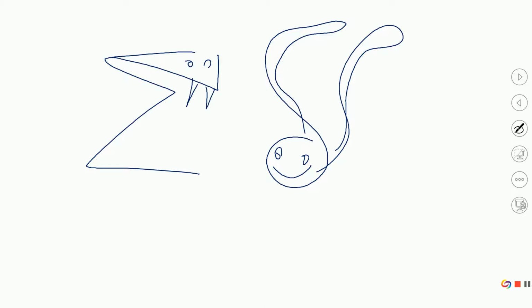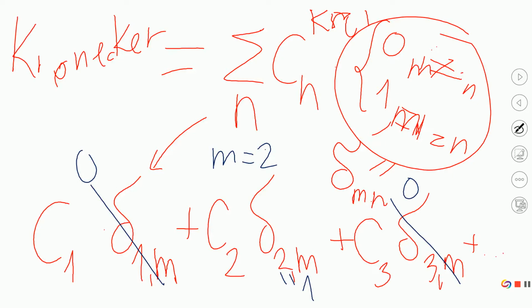Like if you have summation and delta function coming nearby, the snake eats the rabbit and disappears itself. So originally we had summation and delta, and after this operation you have only one number, no delta and no summation.